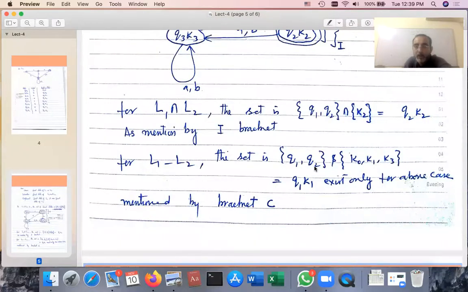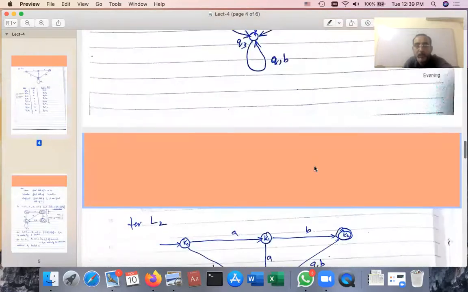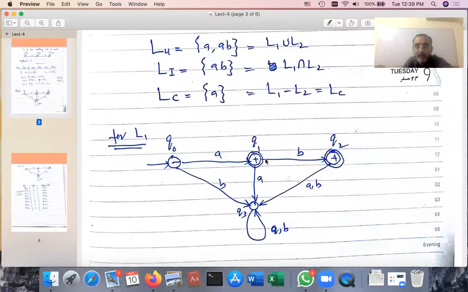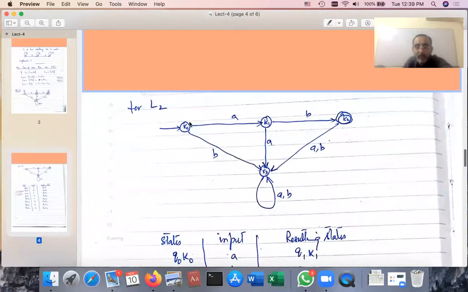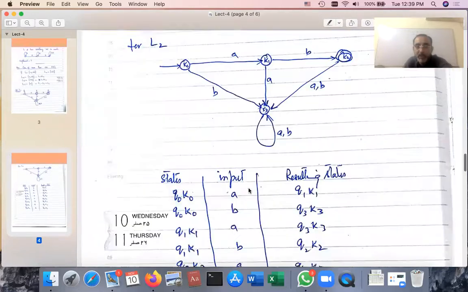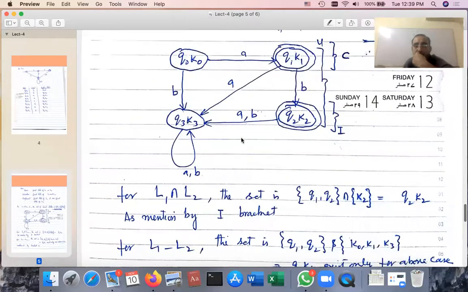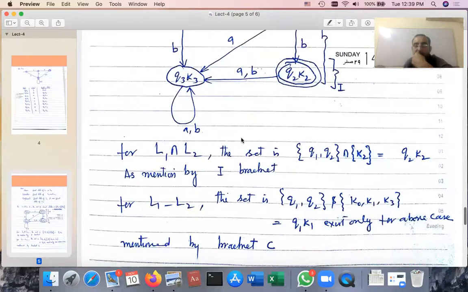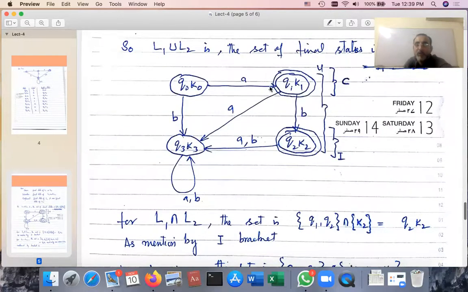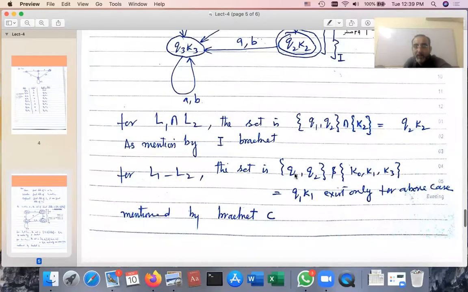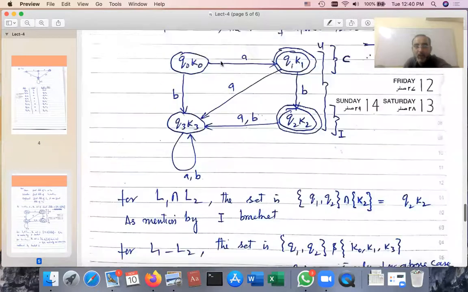Final states of L1 are Q1 and Q2 according to this diagram. Non-final states of L2 are Q0, K0, K1, K3. K2 is final, so I will not consider this one. I will consider these three: Q0, K1, and K3. Now you have to check. Q1 K0 is not existing. Q1 K1 is existing here, so you have to draw the double circle here. Q1 K3 is not here.